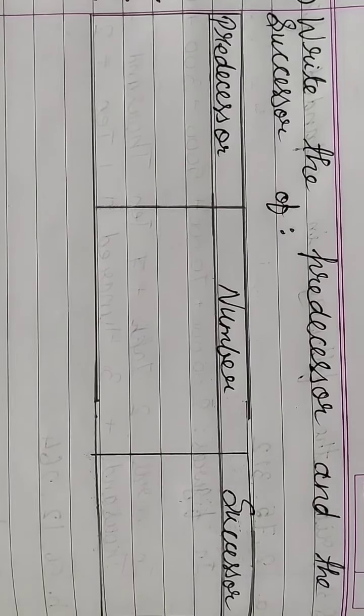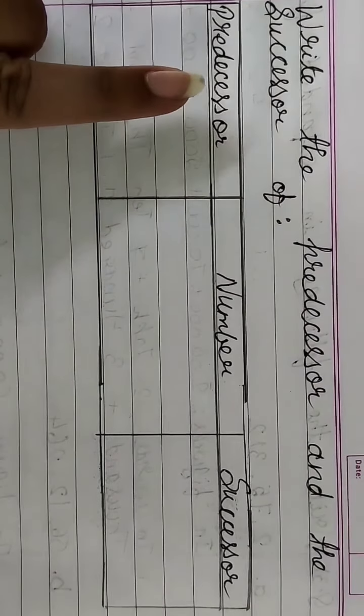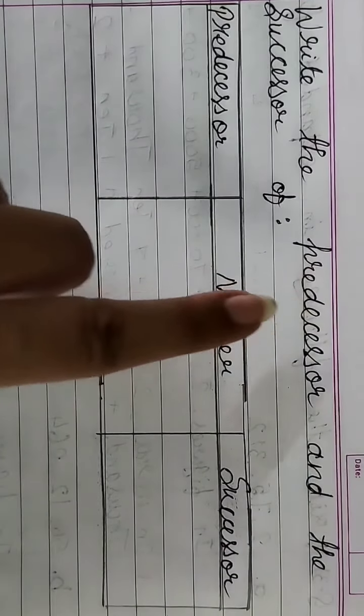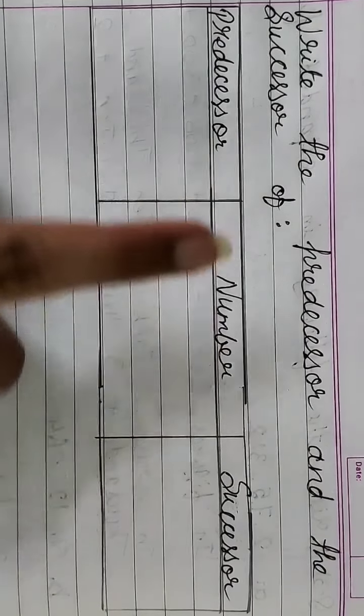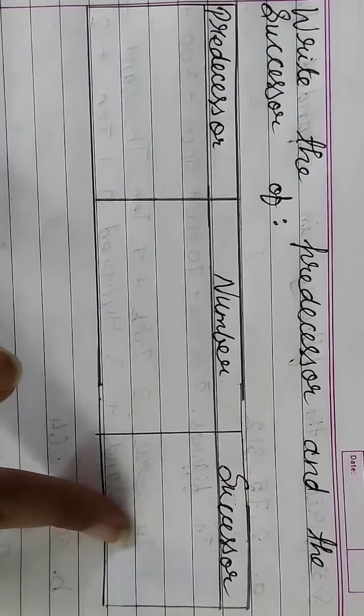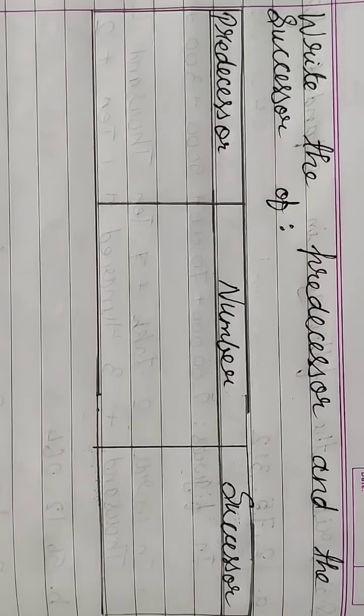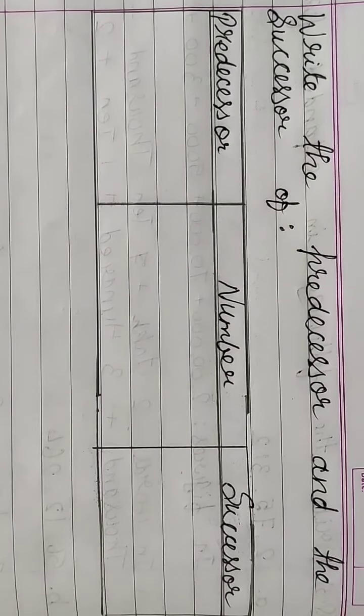So students, for that we will make one table like this, and heading will be predecessor, number and successor. Whatever the question is given in our book, we will write here, and we will write the predecessor here and successor here. Okay? Understood all of you?